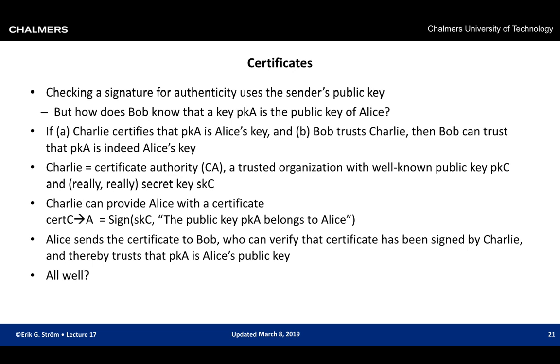Then Bob, who knows Charlie's public key, can check that these bits have not been tampered with, and then deduce that, okay, this statement is actually some statement that Charlie has made, and since I trust Charlie, Bob now knows, or rather trusts, that PKA belongs to Alice. So this is the certificate, right?